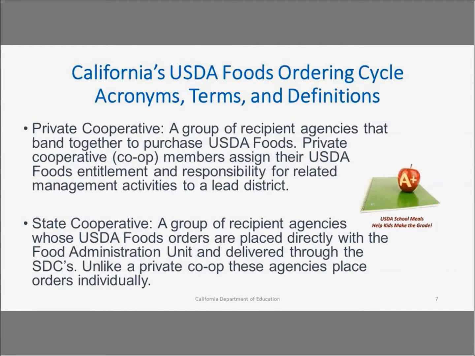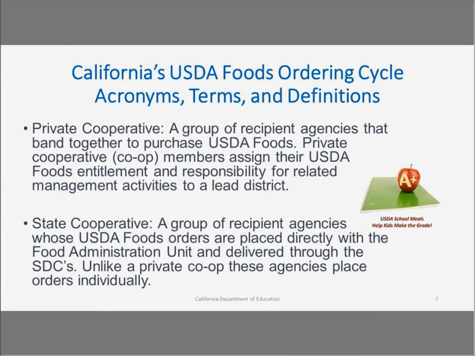Private cooperative is a group of recipient agencies that band together to order USDA foods. Private co-ops receive USDA foods directly from USDA vendors and do not use state facilities and services. Private co-op members assign their USDA Foods entitlement and responsibility for related management activities to a lead district.